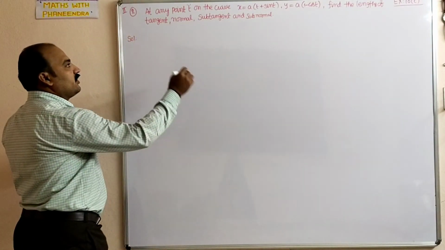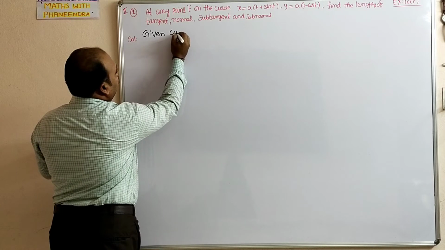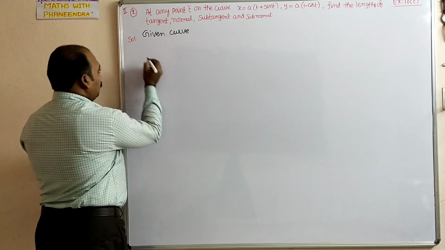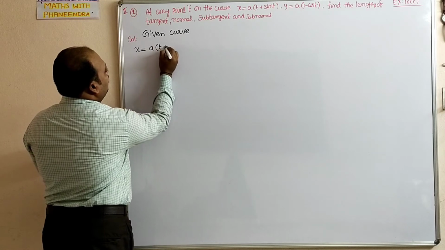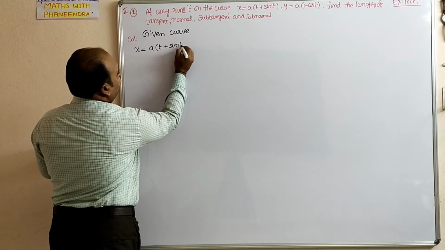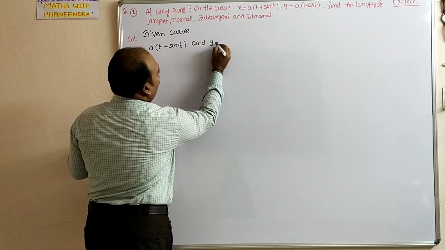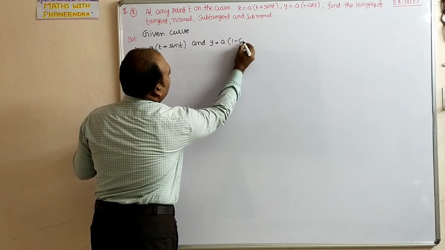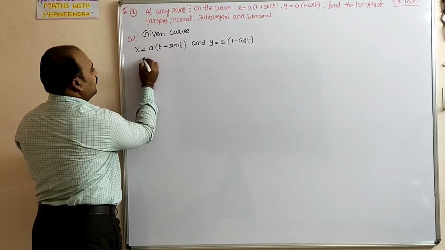So here the given curve is x equal to a times of t plus sin t and y equal to a times of 1 minus cos t. Differentiate with respect to t.